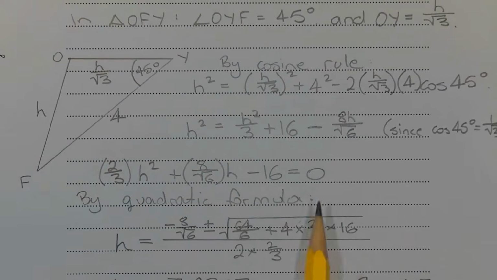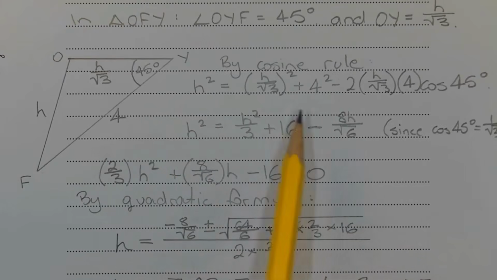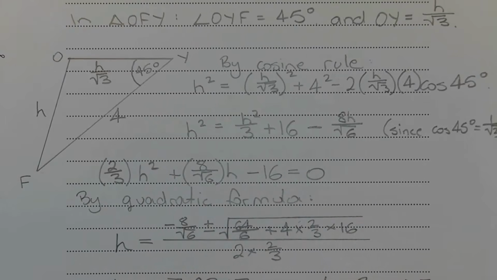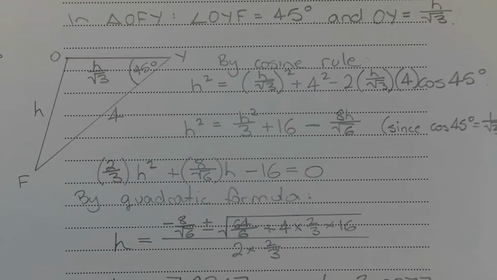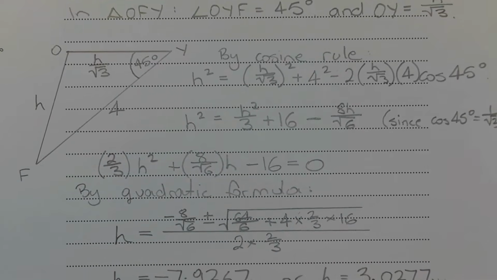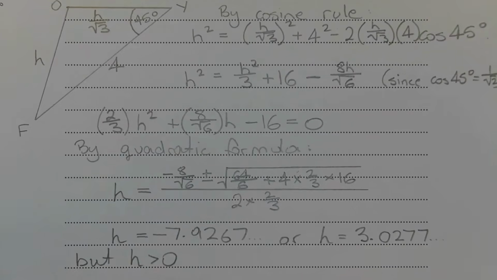So focusing on this equation here now, if we move everything over to the left-hand side, we can form a quadratic equation in h. And we get 2 over 3 times h squared plus 8 over root 6 times h minus 16 is equal to 0. So we can use the quadratic formula to find the value of h.